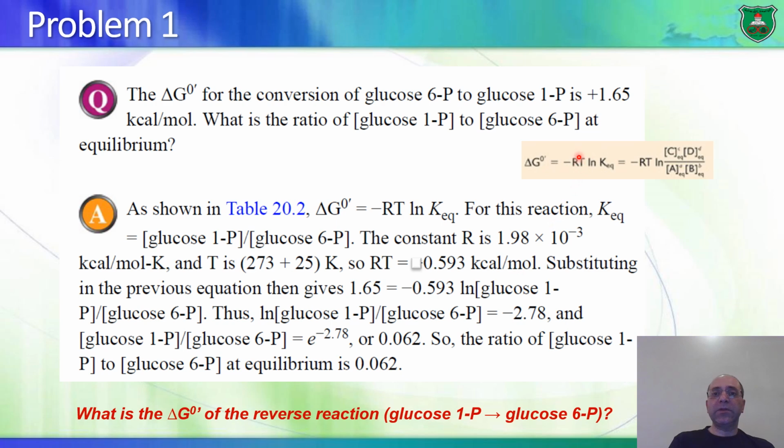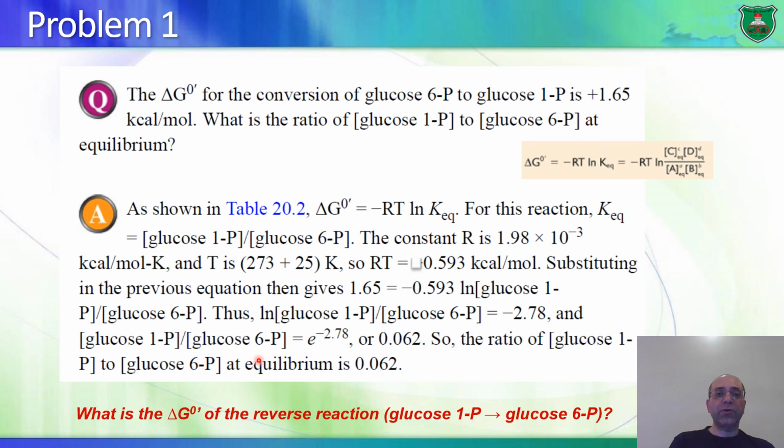Now, we have this minus RT. This means that delta G naught prime, which is plus 1.65, is equal to minus 0.593 times the natural log of the equilibrium constant, or the ratio of product to substrate. And this means that the natural log of product over substrate is equal to minus 2.78.